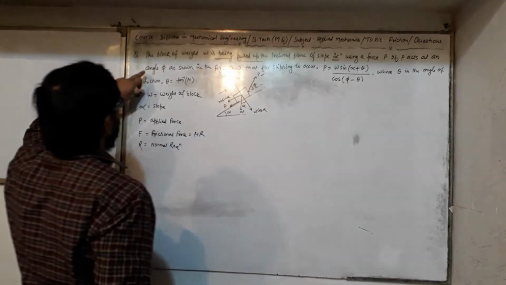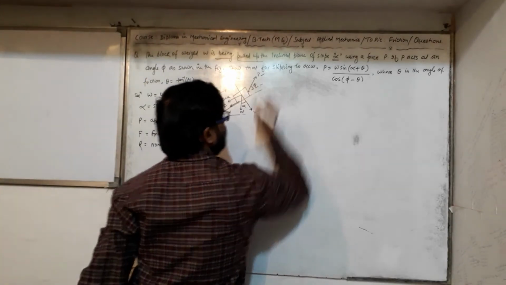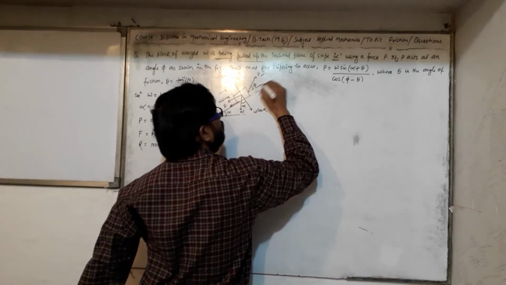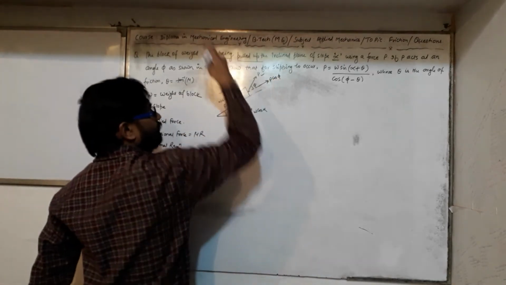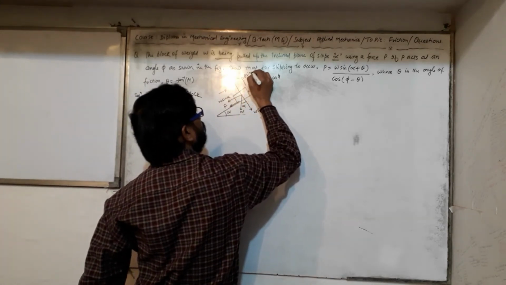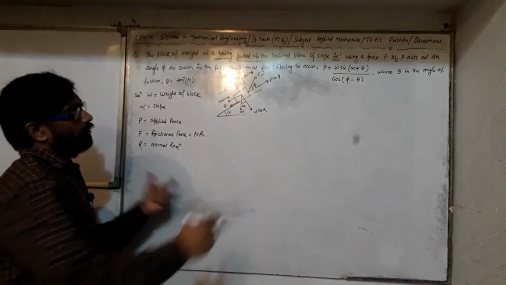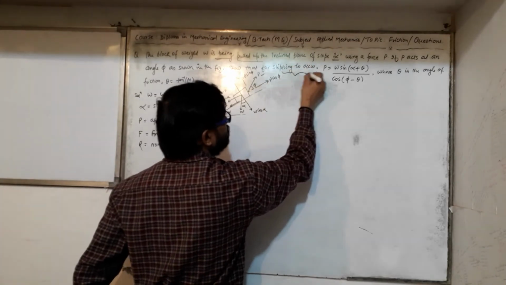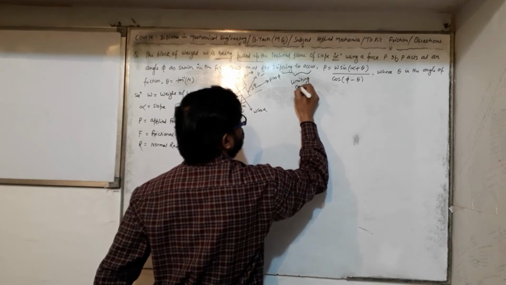Now P amount of force acts at an angle phi, the angle at which P is acting. So P also has two components: one in this direction, P cos phi, and another in this direction, P sin phi. Now we have to show that for slipping to occur, this is the limiting case.